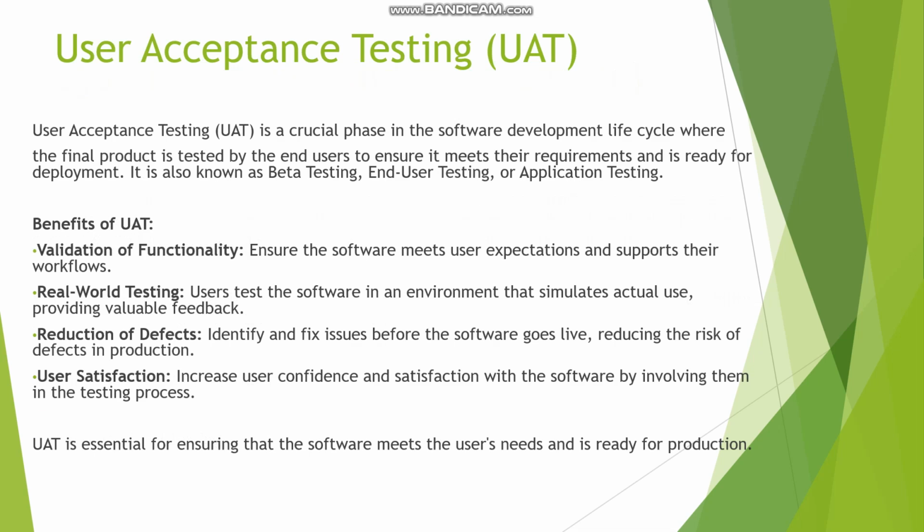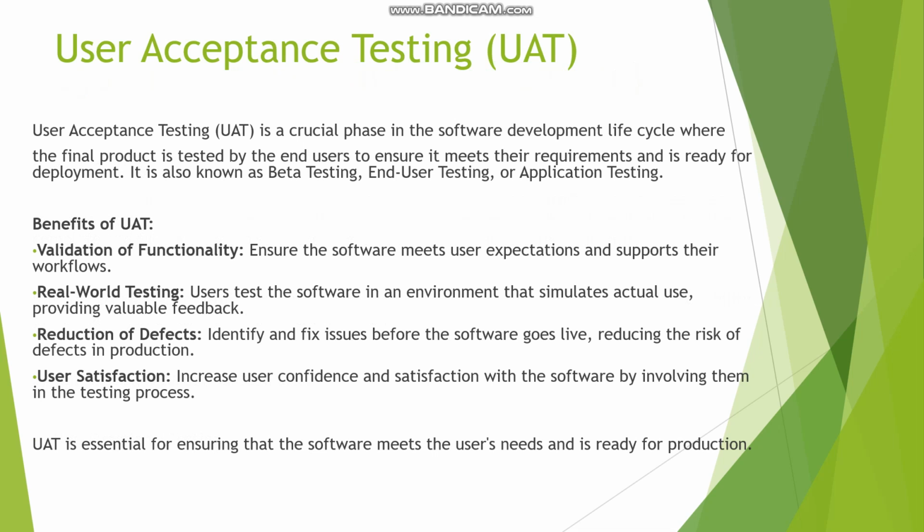User acceptance testing. It is a crucial phase in the software development lifecycle where the final product is tested by the end users to ensure it meets their requirements and is ready for deployment. It is also known as beta testing, end user testing, application testing. Benefits of UAT: validation of functionality, ensuring the software meets user expectations and supports their workflows.